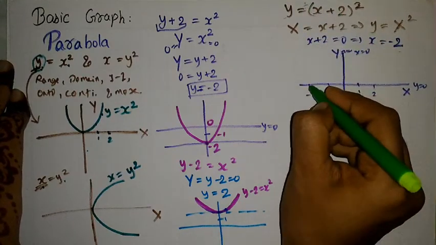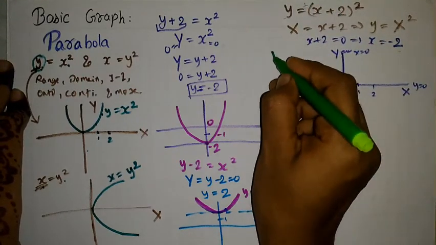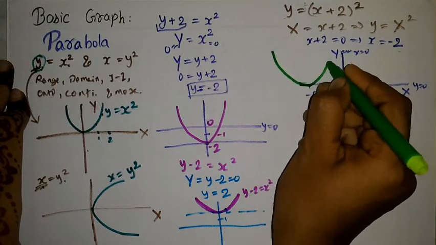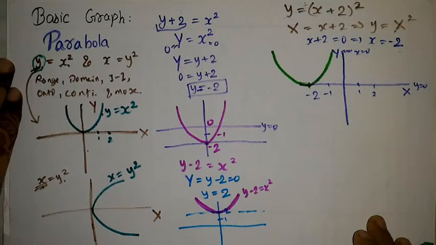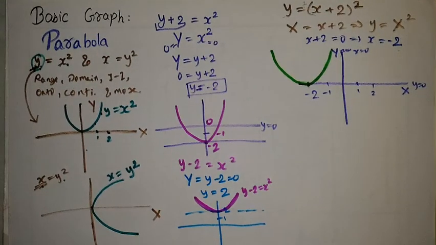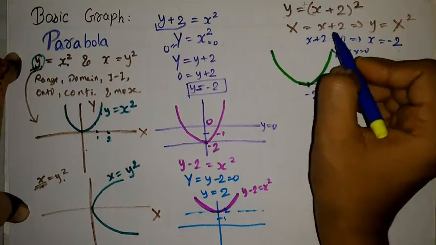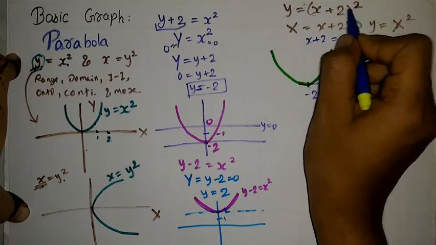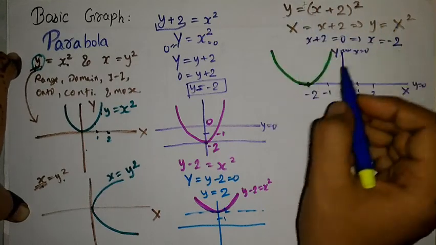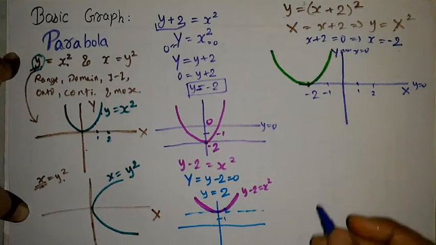So this graph will be intersecting at this point. So this way our graph will lie. And if you have doubt in drawing this type of graph, then you can check the value. By putting values you can come to know the answer. So when you put y is equal to 0, -2 + 2 will be 0. By this way we can cross check.